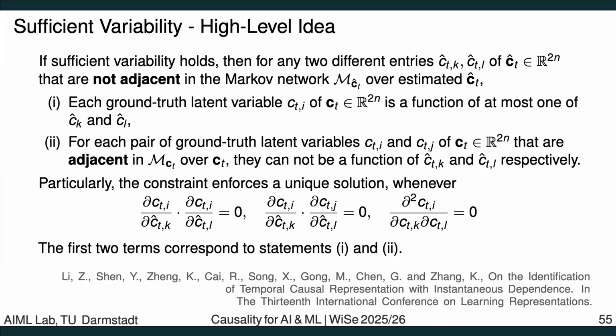You can look into the paper, it takes a while to get through all the notation. But basically, what it does is encode this graph structure and place some additional variability constraints on those gradients that tell you under which conditions I am able to solve this set of equations uniquely.